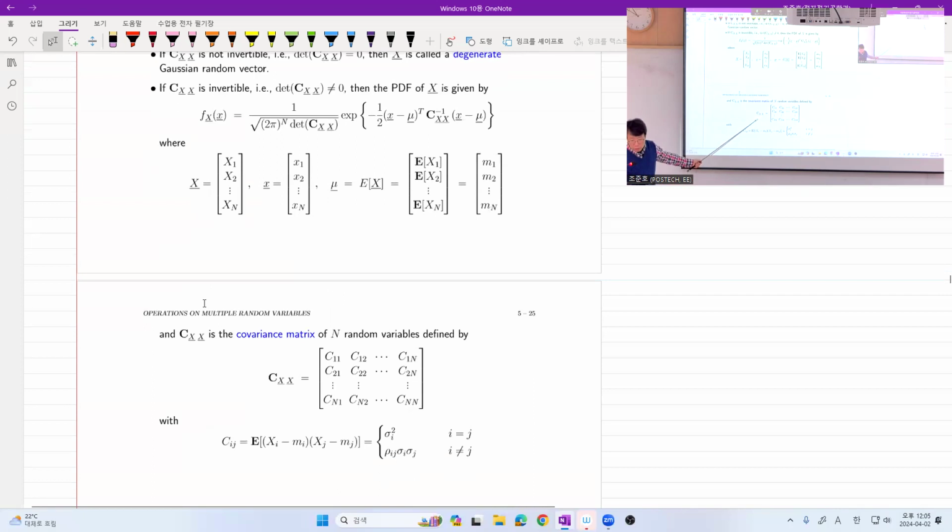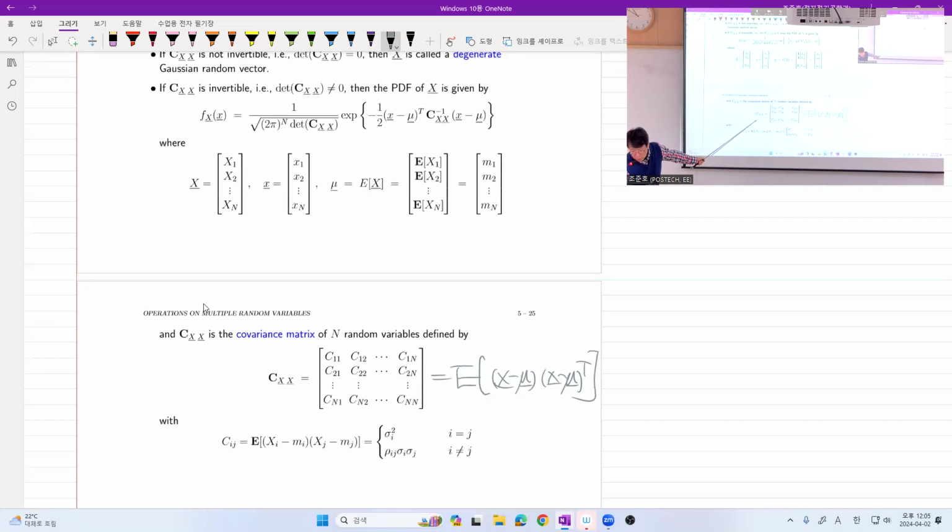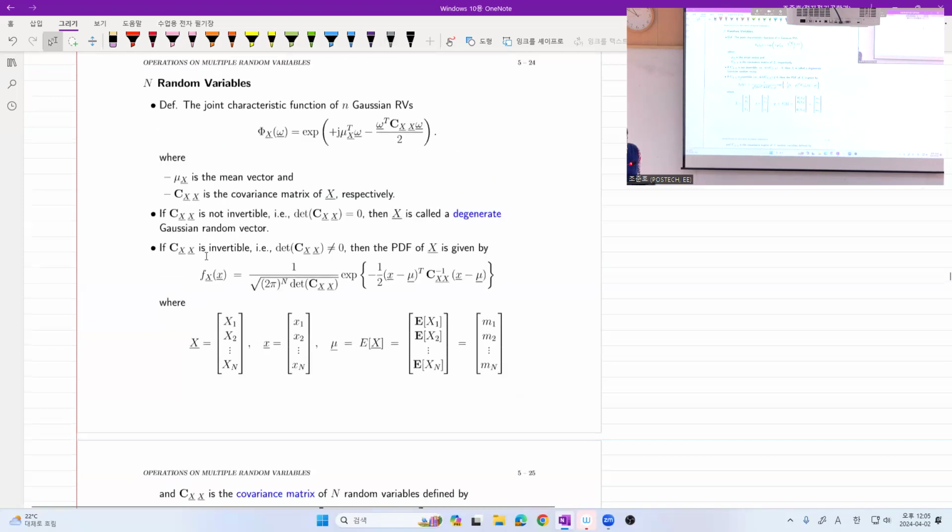Here, expectation of x minus mu times x minus mu transpose. And each term can be shown this way. I've already done this for the 2 by 2 case, right? So the covariance matrix is an n by n positive semi-definite matrix in general.